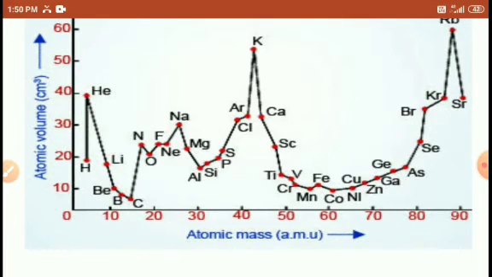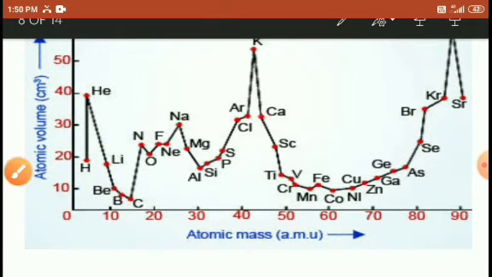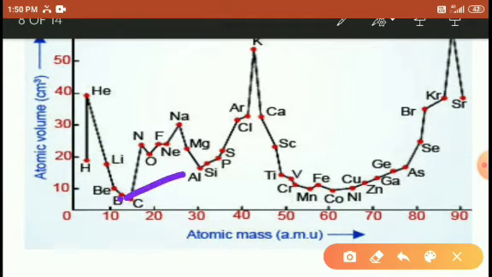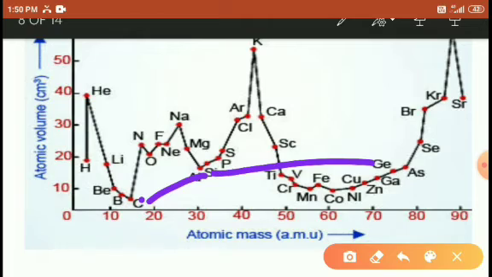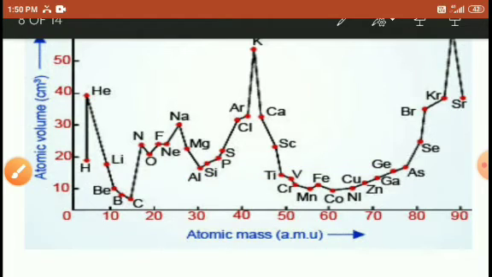Look at the next ones, boron, aluminum, gallium, and carbon, silicon, germanium. Here the atomic mass increases with increasing volume, students.